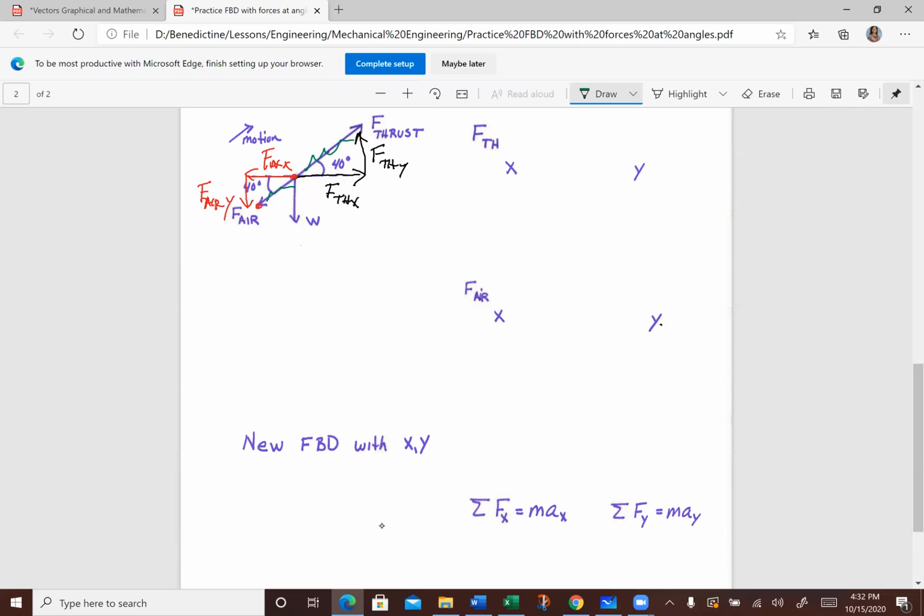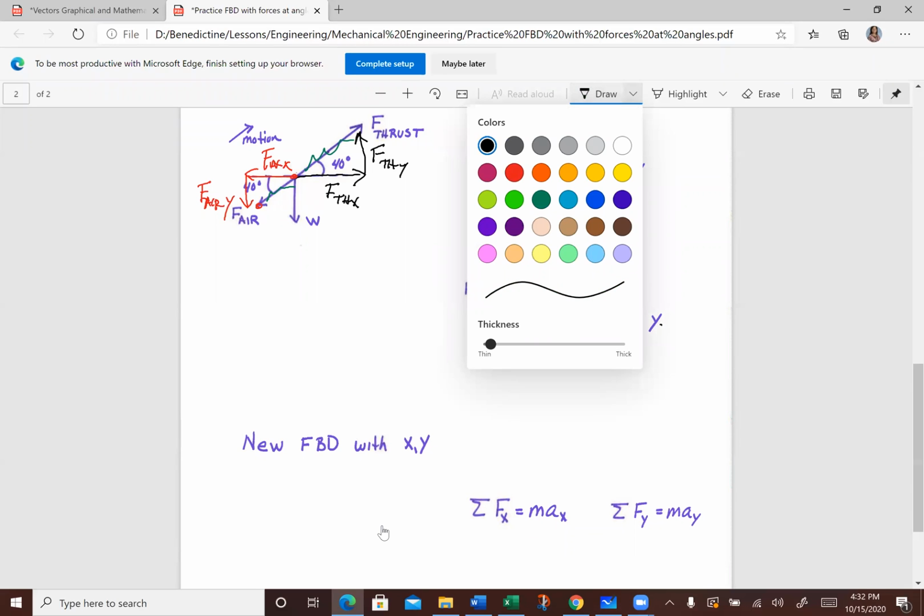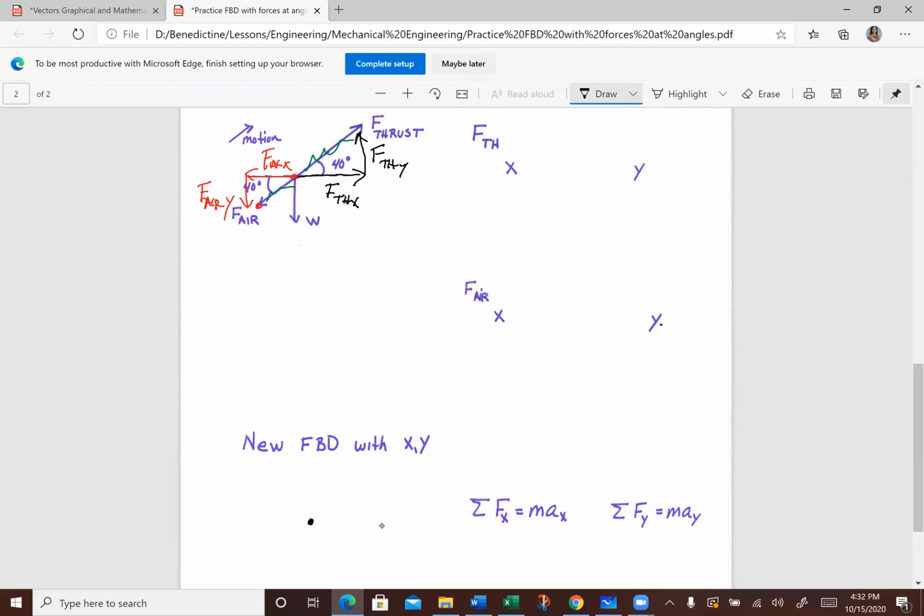So when I go to do my redrawing, if I come down here, my new free body diagram is going to be force thrust in the Y. Got that one. Force thrust in the X. Got that one.